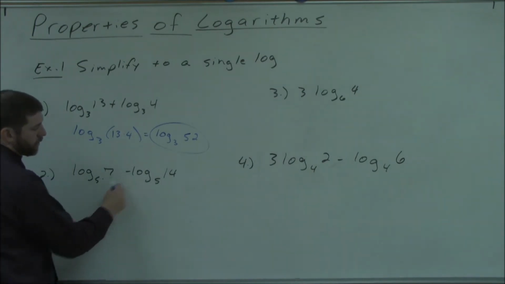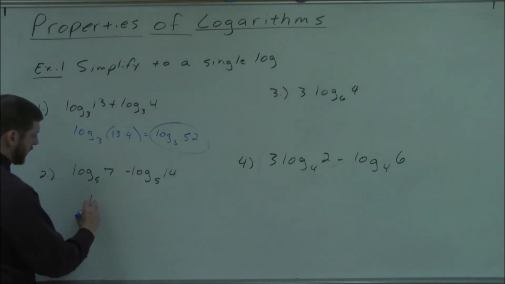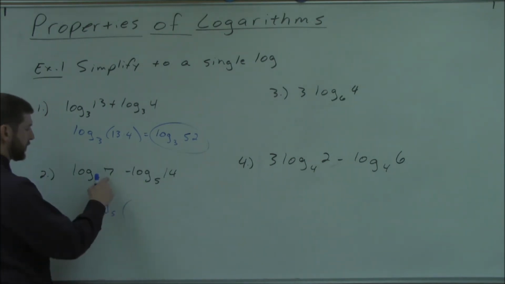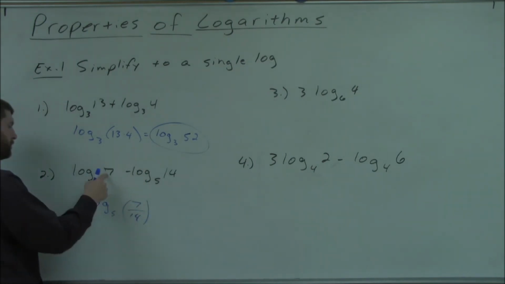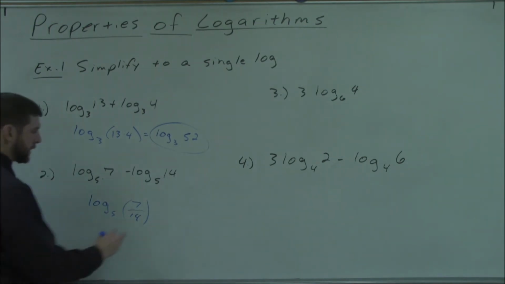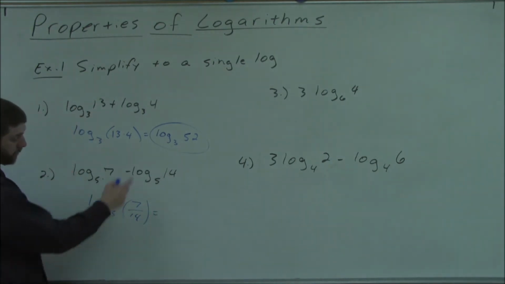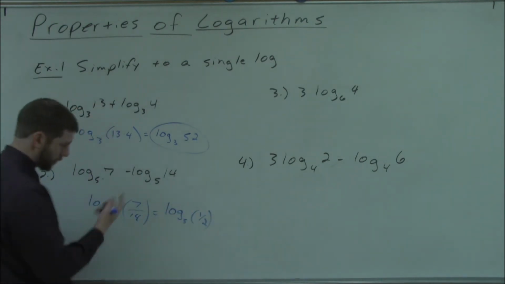So on this one we see that we are subtracting the two logs, so that's going to be our quotient property. So I have log base 5 of the first number divided by the second number. So it's the positive log divided by the second, or the negative log. So then you reduce your fraction, log base 5 of 1/2.